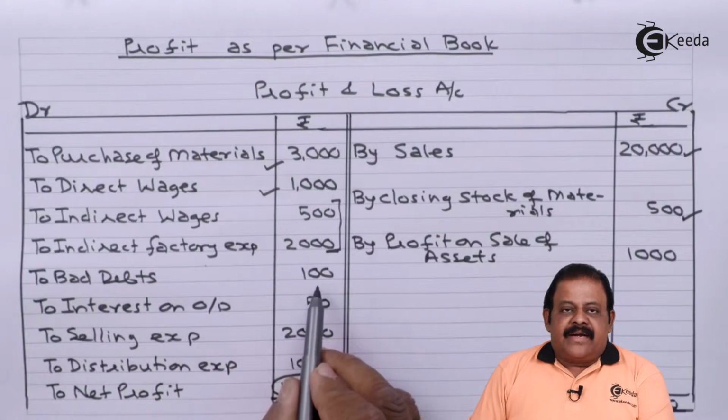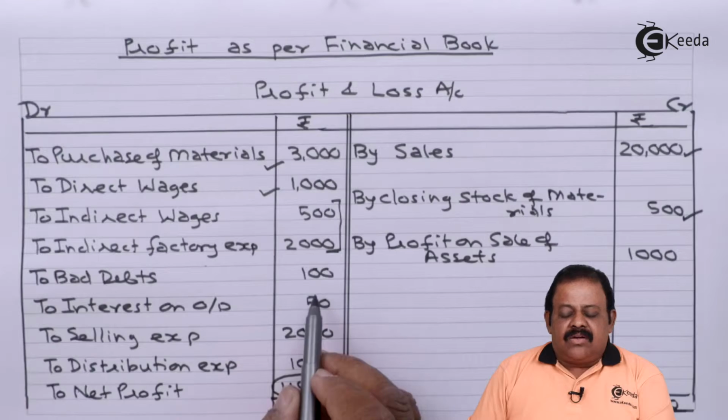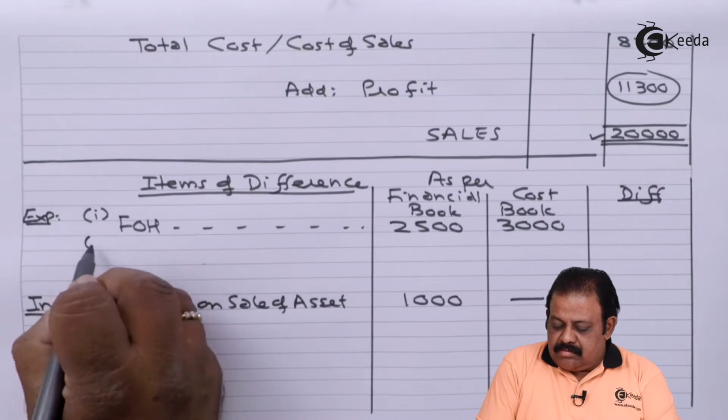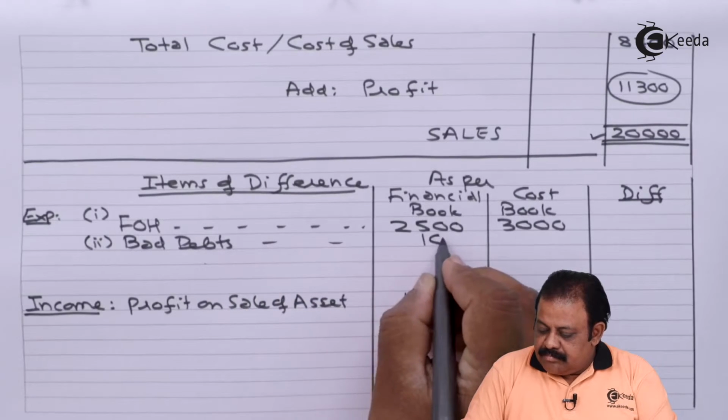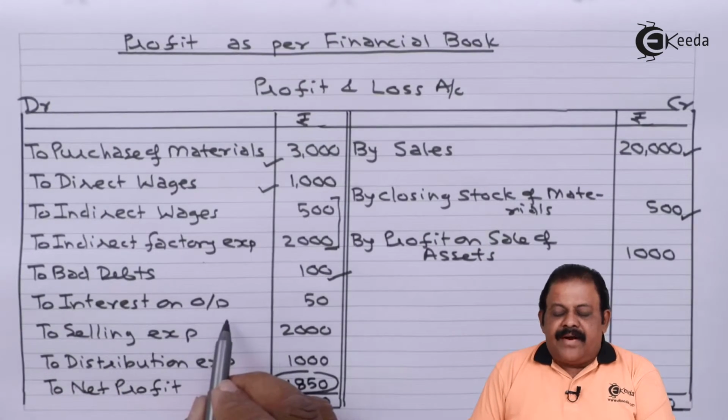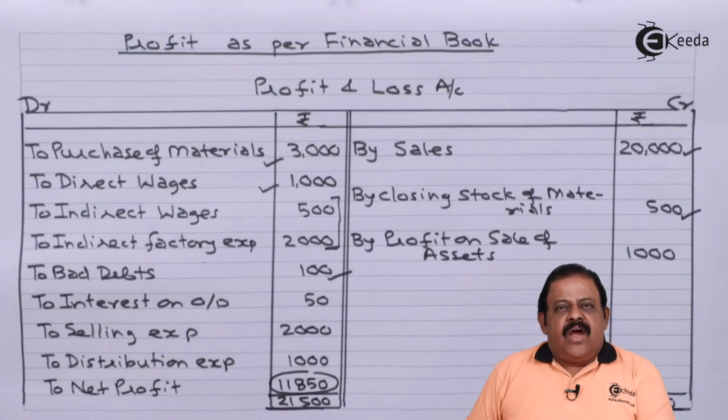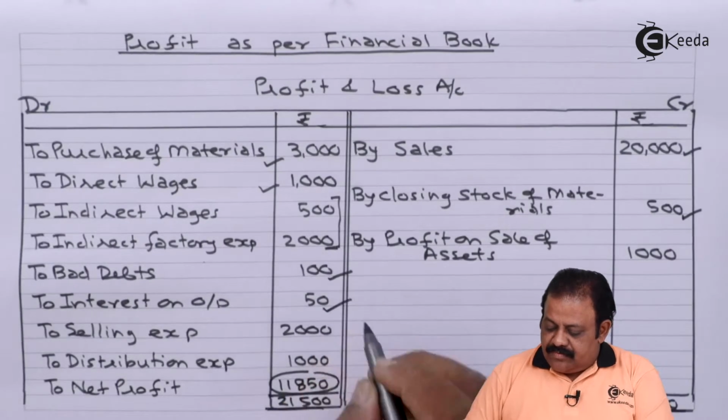Bad debts rupees 100. This expense we have only in financial book, not in cost book. Interest on overdraft. This expense we have only in financial book.